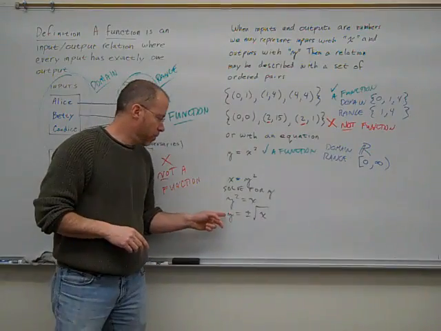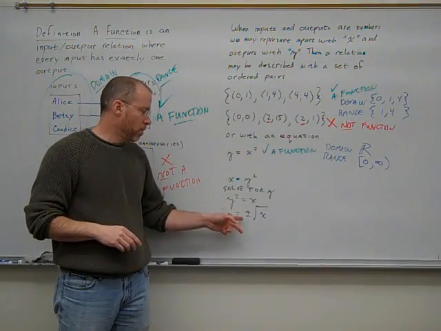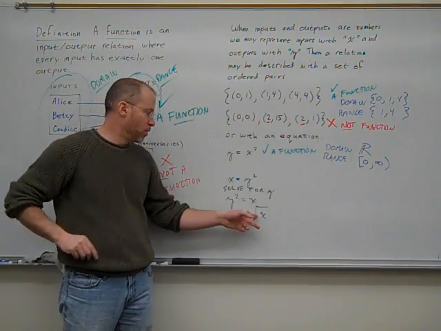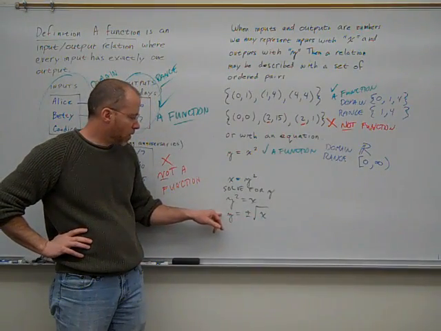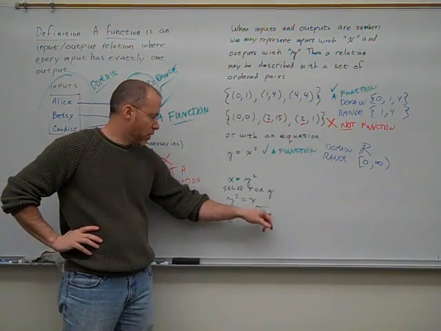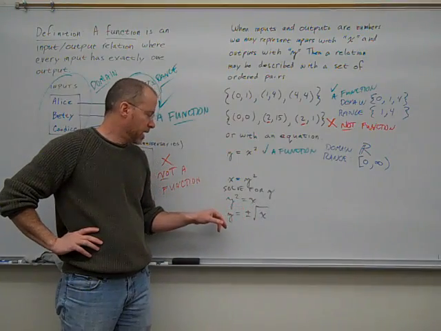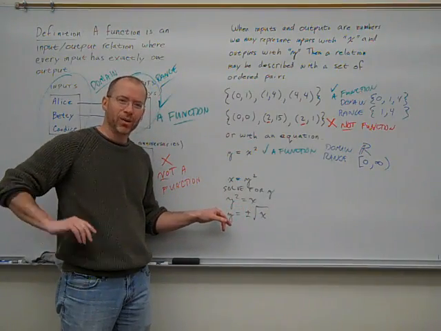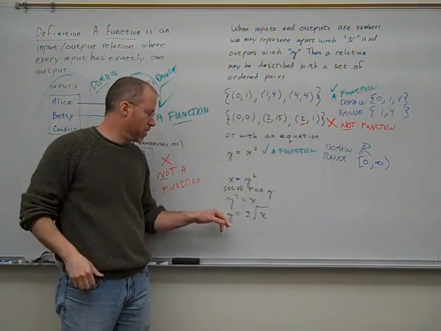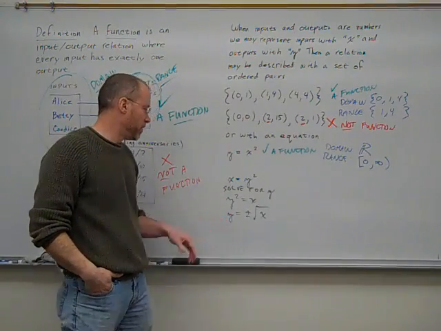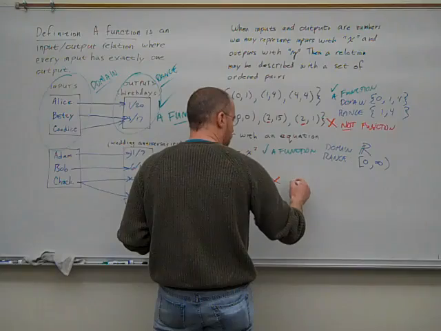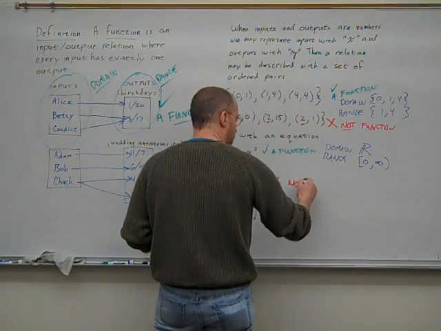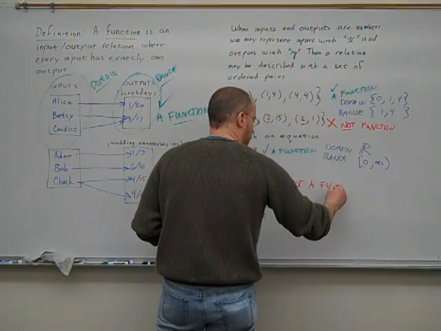So my output is plus or minus the principal square root of the input. So that means that for a positive value of x, I'm going to have not exactly one distinct output, but 2 outputs, and that's not allowed to be a function. So this guy's a perfectly good relation, but it does not define a function.